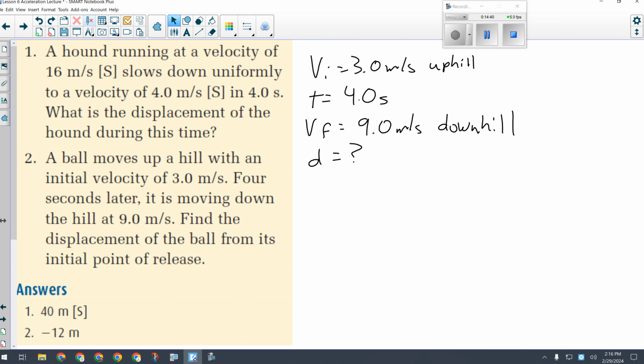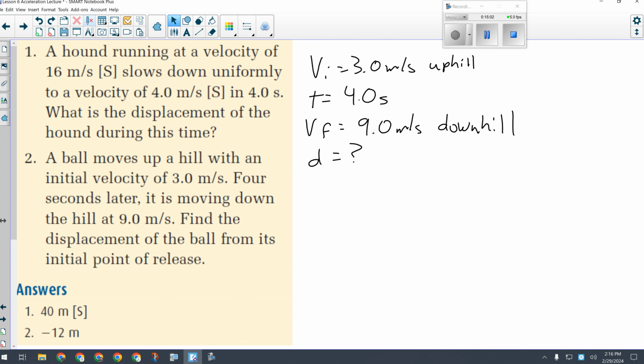At the end of this thing, it's moving down the hill at 9 meters per second. The acceleration on a hill is uniform. It's constant. If it ends the question going faster down than it started going up, it's moving down, and it's going to be displaced down from its starting position. So when I do the math, it's going to come out that way.